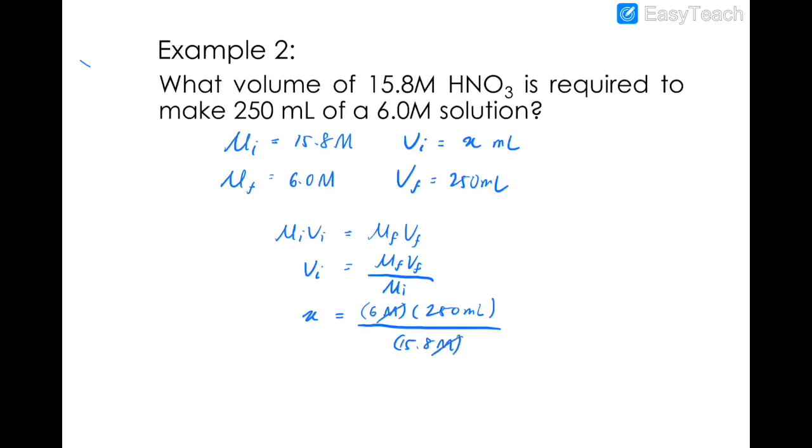Molar kita boleh cancel out. So your final answer for this is equals to 94.94 ml. Okay, so that is the final answer.